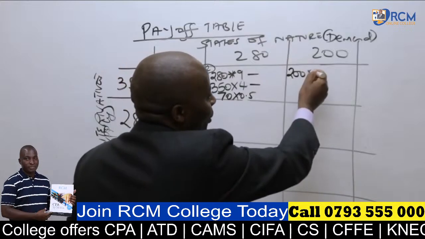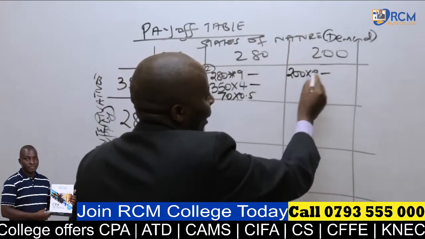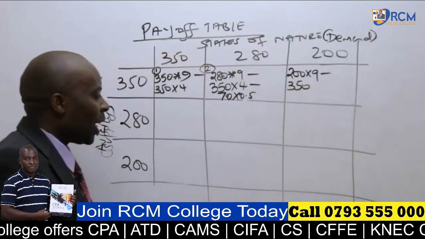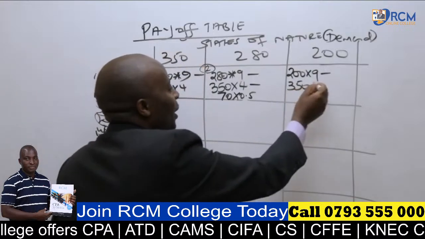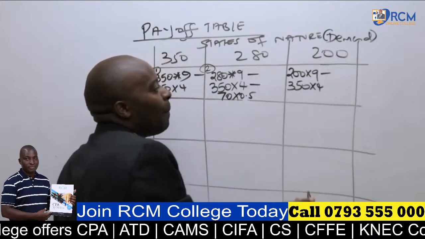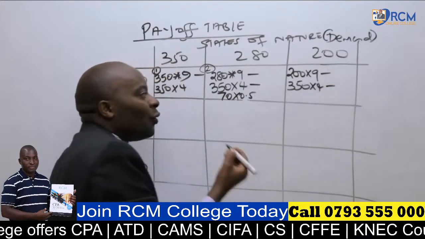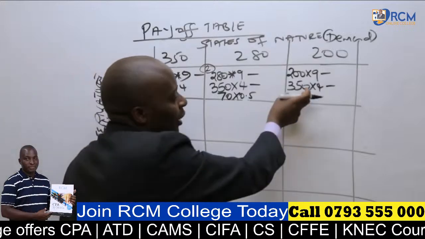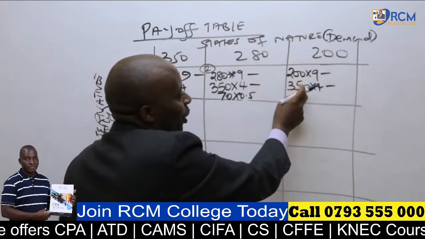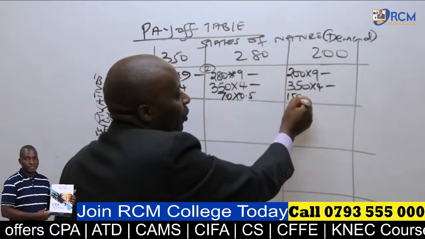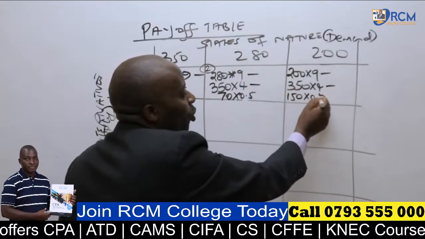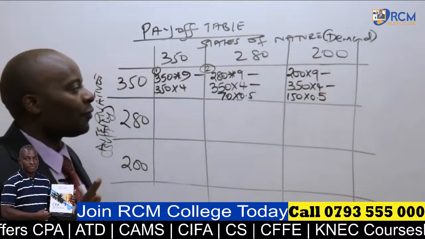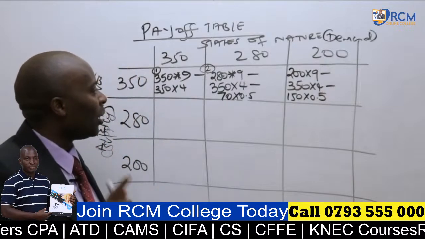So 200 will be sold times 9, minus, of course, we must have produced 350 in total, so minus 350 times 4, minus the cost of disposing the extra units. The extra units are 350 minus 200, so you're talking of 150 bags of cement which have to be thrown away, and the cost of throwing each bag is 0.5.